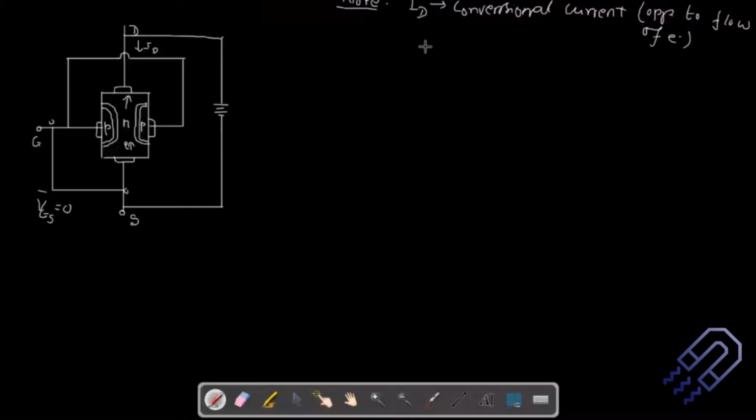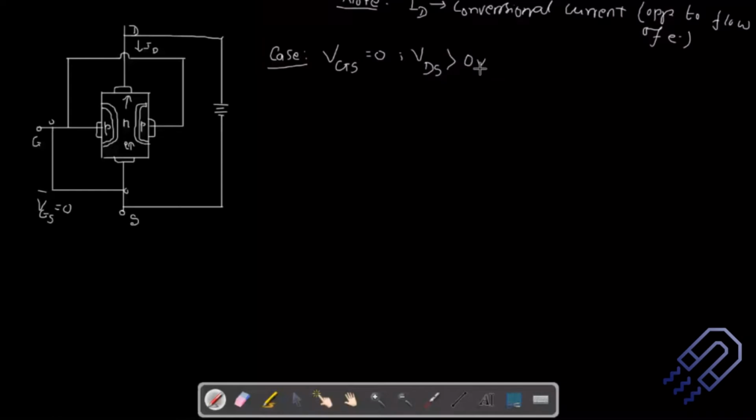If you are considering this particular connection, we'll just take the case here. The case is VGS equal to 0 and VDS greater than 0 volt.